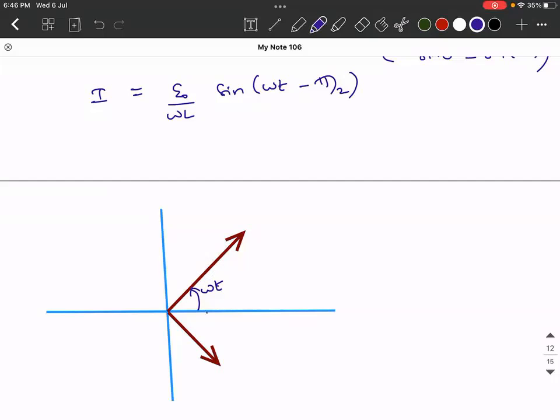So this will be minus pi by 2. Correct? Then how much will this angle be? Omega t minus pi by 2 is the angle made by the current phasor with the x-axis in the clockwise direction.